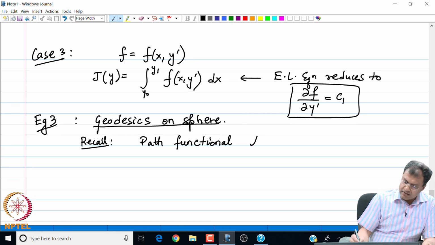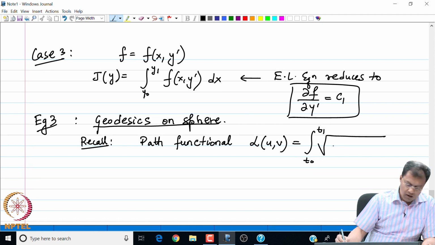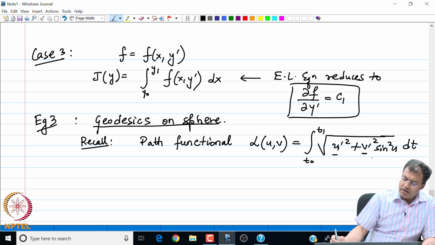So, my path function L of u comma v, now we have two parameters involved, is an integral from t0 to t1 of the square root of u prime square plus v prime square sine square u dt, where these derivatives u prime and v prime are the derivatives taken with respect to the parameter t.